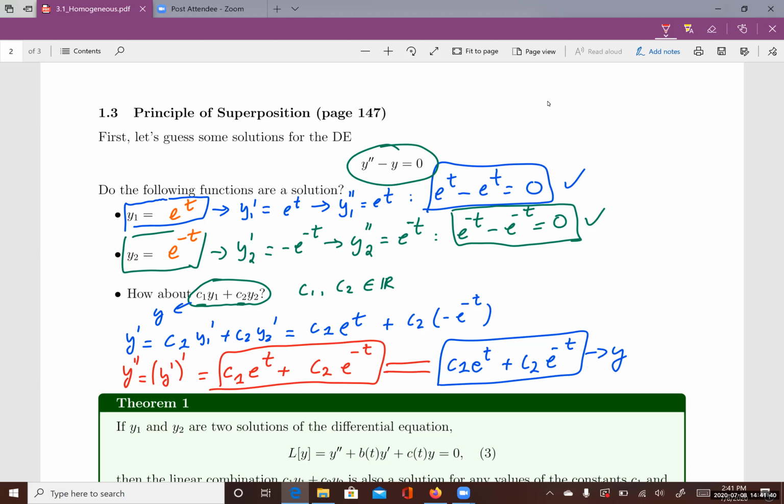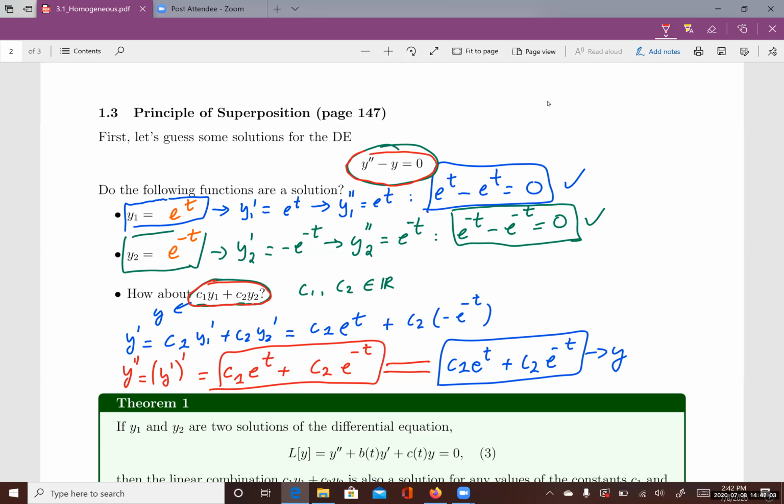So if y double prime equals y, that means these functions here satisfy the original differential equation. So what I'm saying is, if you take the linear combination of two solutions of the differential equation, the linear combination here is also a solution of this differential equation.